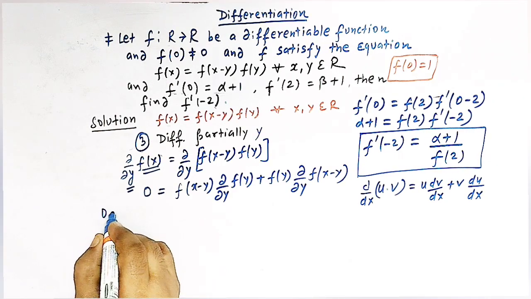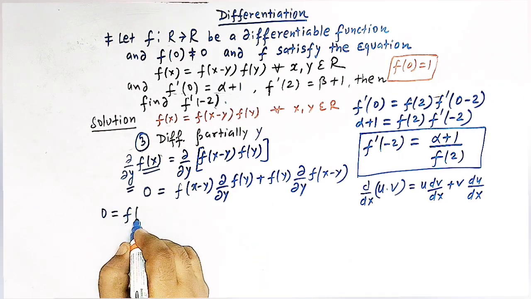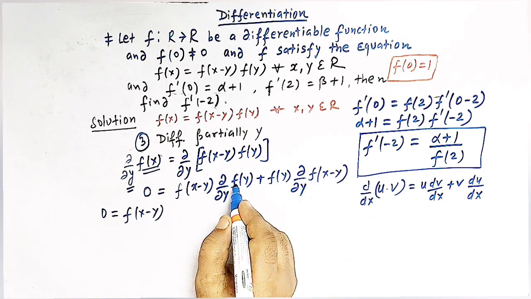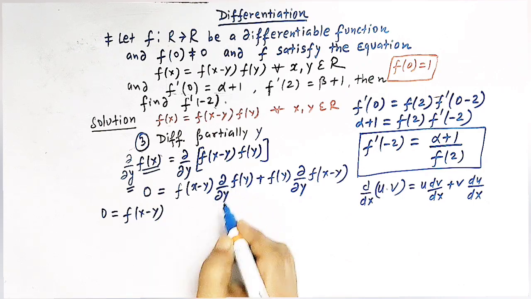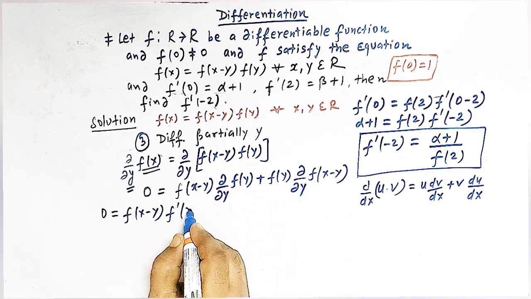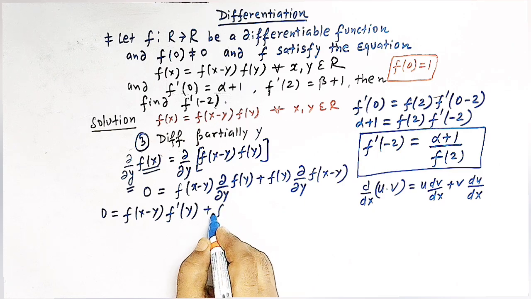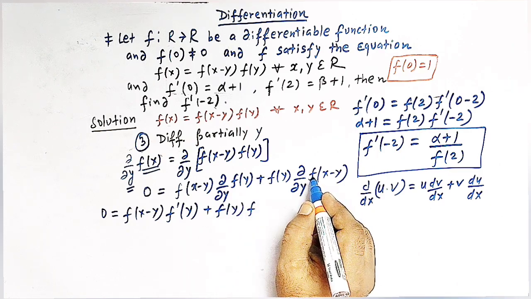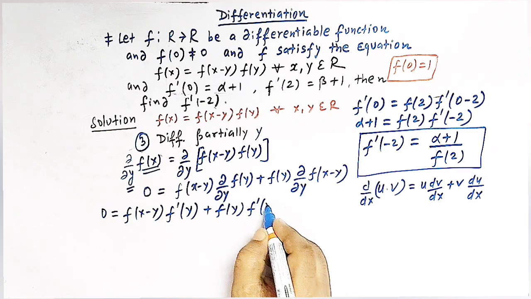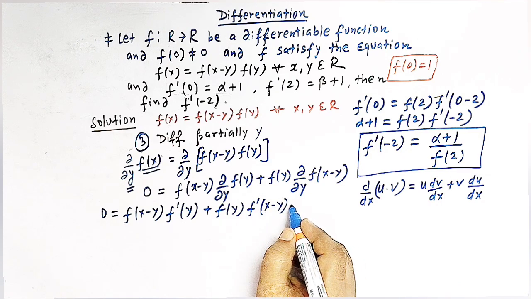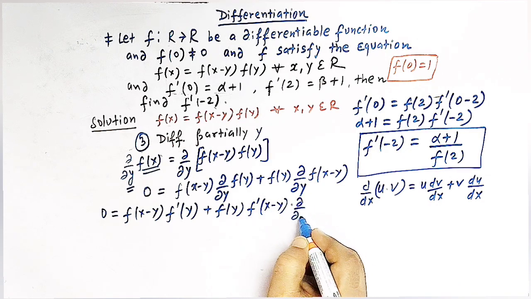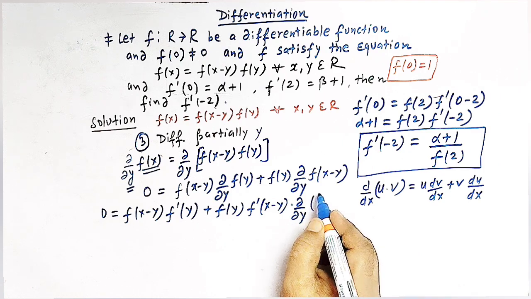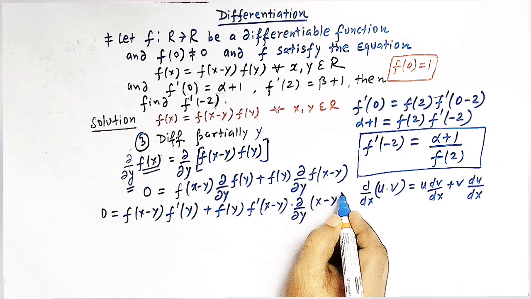So now we have 0 here, f(x − y). The derivative of f(y) with respect to y is f′(y). Here we have f(y). Then the derivative of f is f′(x − y), and then by chain rule, we have the derivative of x − y.